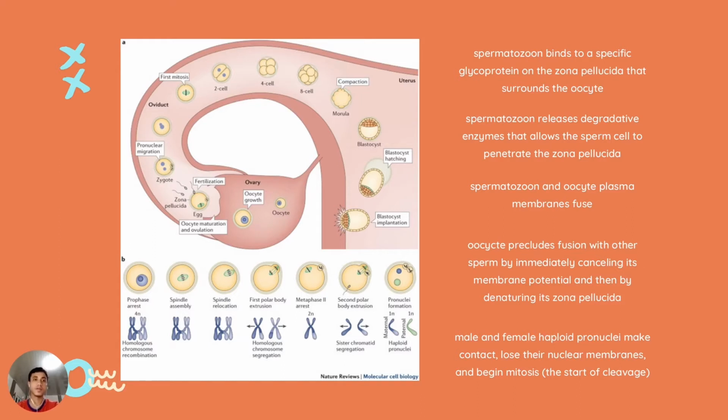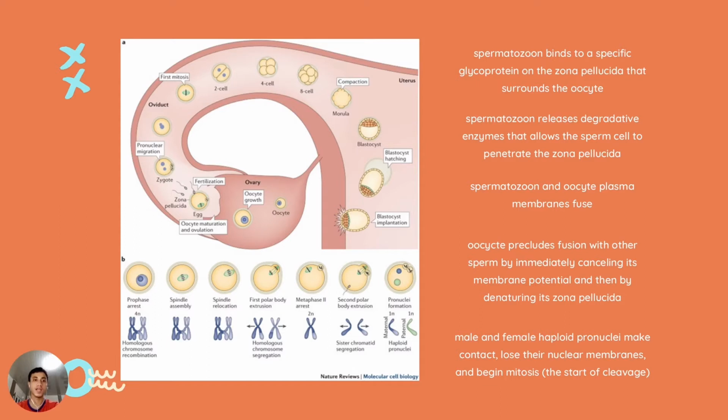In this part the spermatozoon and the oocyte plasma membranes will fuse, and it is called the secondary oocyte, where meiosis completes. Then, the oocyte precludes fusion with other sperm by immediately cancelling its membrane potential, and then by denaturing its zona pellucida with the use of enzymes released by exocytosis from oocyte cytoplasmic granules.